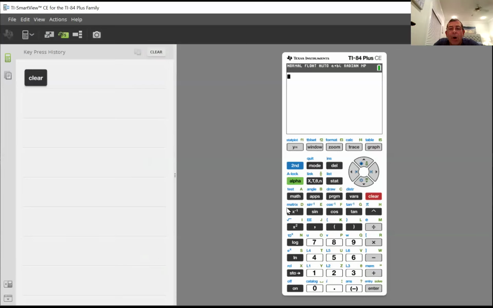Now, over here on the left side, under the math button, there's a button that says x -1. Right above it, in blue, it says matrix. So to get into the matrix stuff, you're going to hit the second blue button up here, and then the x -1 button.